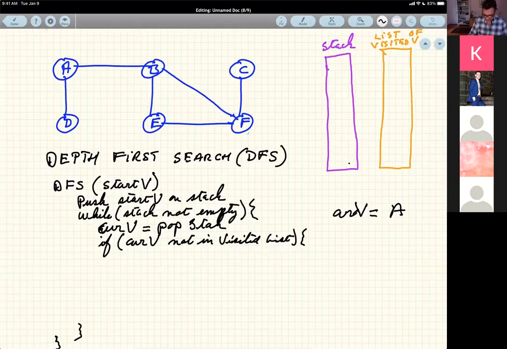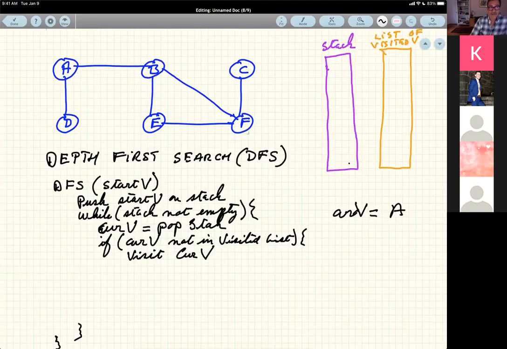If the current vertex is not in the visited list, visit the current vertex. What does it mean to visit the vertex? It means I give that vertex a number, so I start with 0.